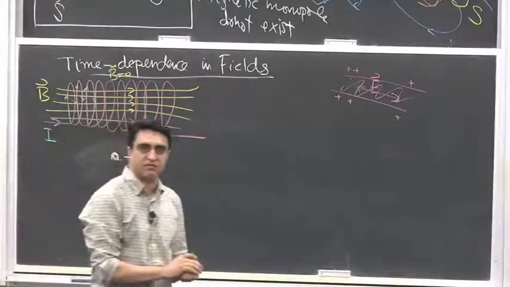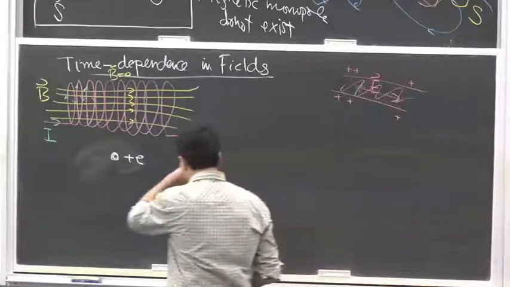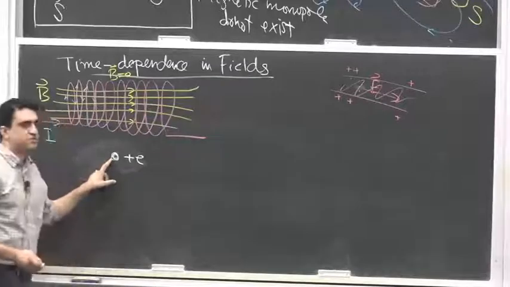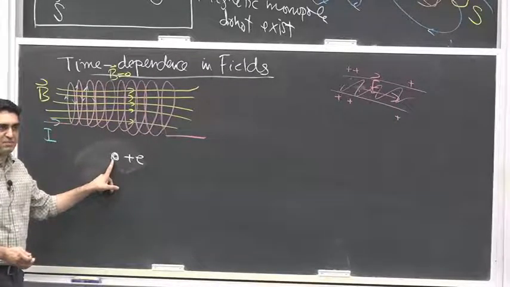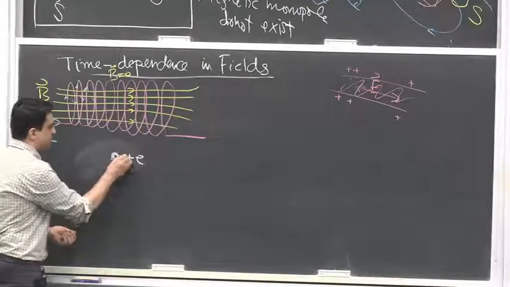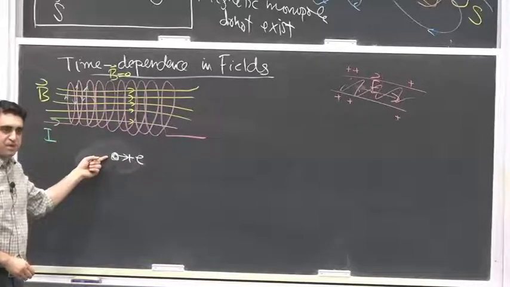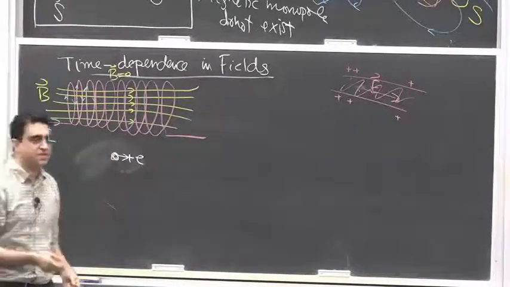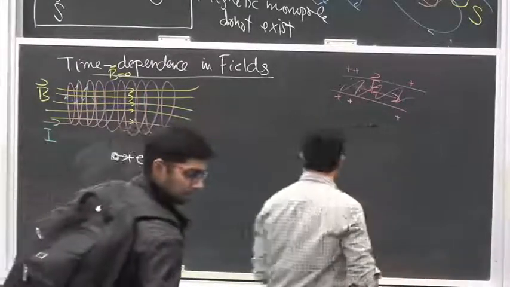If I put a positive charge here, what would happen to this positive charge? There is no electric field here, there is no magnetic field here, so nothing should happen to it. Even if it is moving, nothing should happen to it because there is no magnetic field here. So this charge won't experience any force as long as it is outside the infinite solenoid.